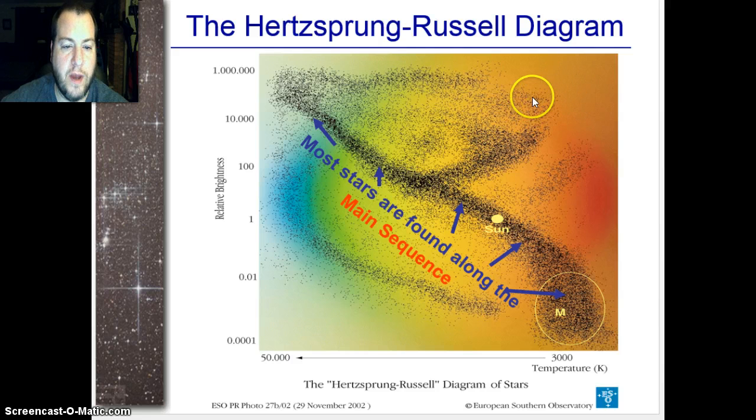Over here, the red supergiants, red giants, and down here, white dwarfs. And we call these, clear down here in this corner, the red dwarfs. That's something that I wanted to mention that we haven't mentioned yet in our discussions.